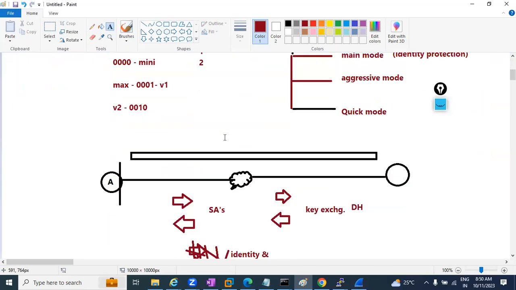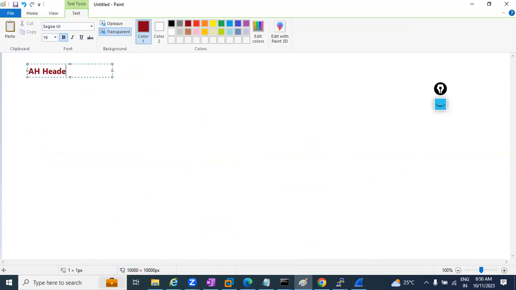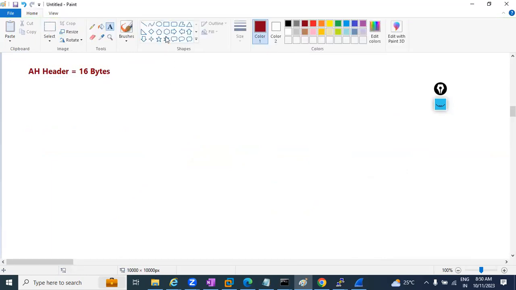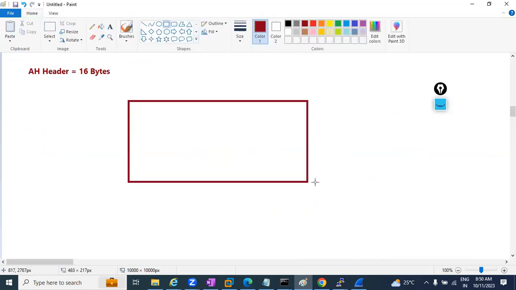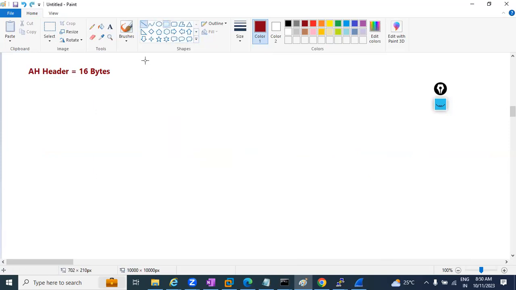Next, we have AH. Size is 16 bytes. So what exactly is in the header?